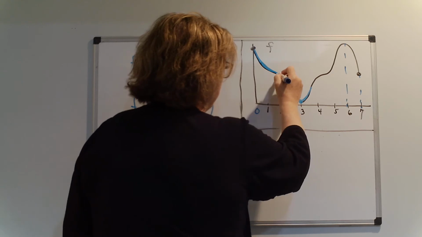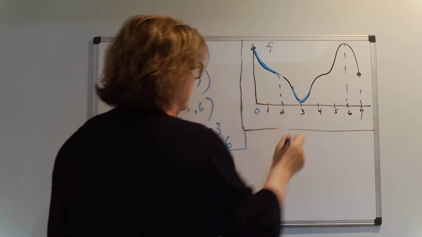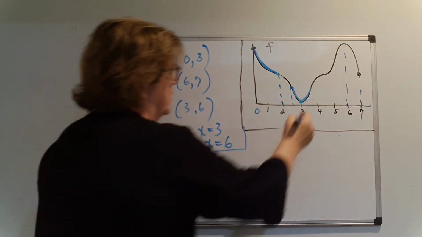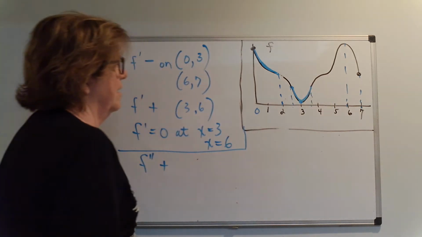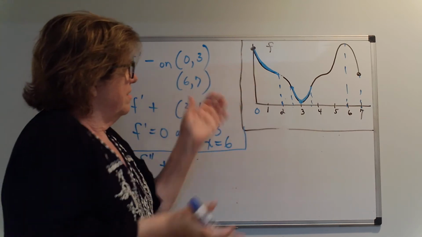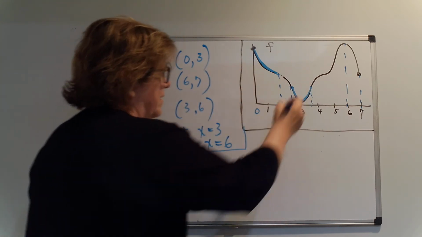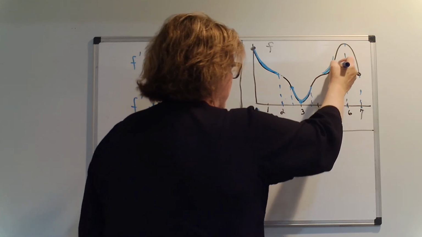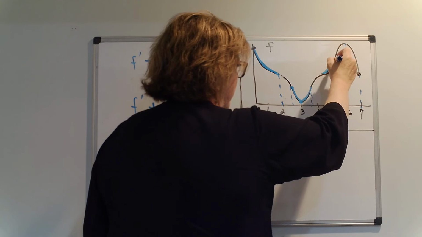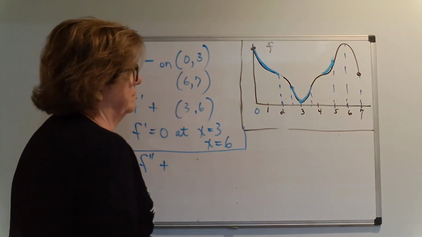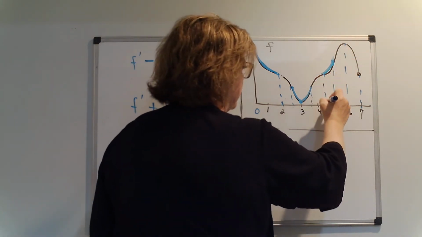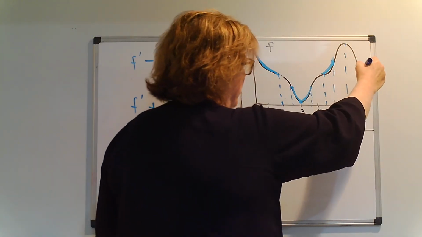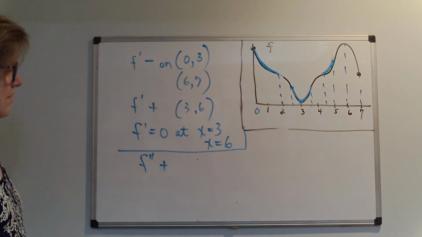So it looks like maybe there, maybe there, maybe there. So here it's concave up, here it's concave up, here it's not concave up, but here it looks to be concave up, approximately in there. Let's put that here. Here it's concave down, all the rest of it.